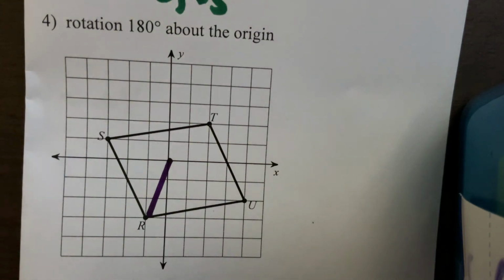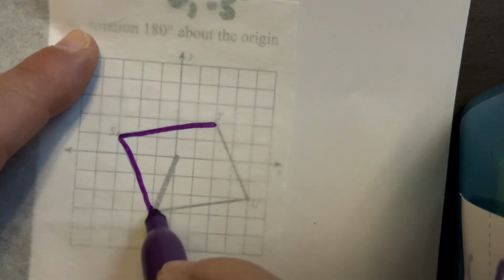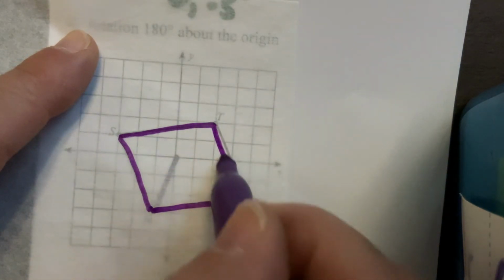I'm going to make my copy, and I'm going to rotate it. It's going to rotate on top of itself, which a lot of us don't like. We feel like it looks kind of messy, which it does, but it's still mathematically correct.